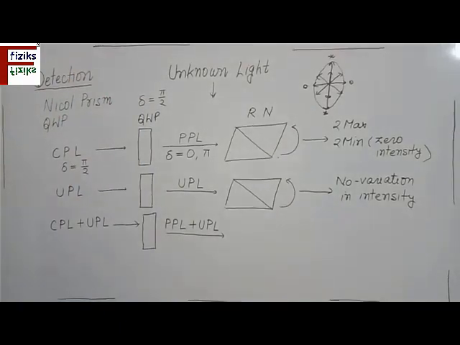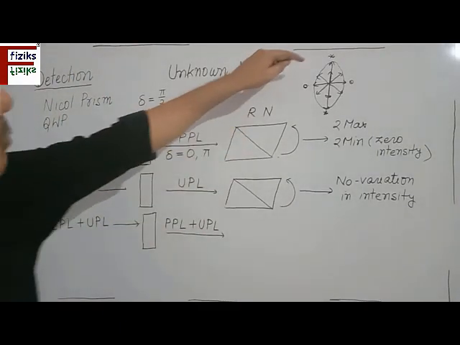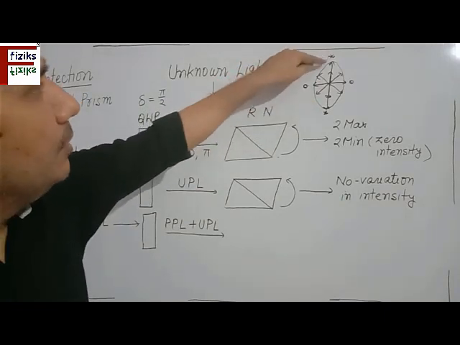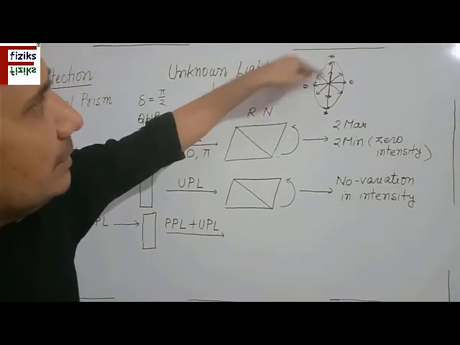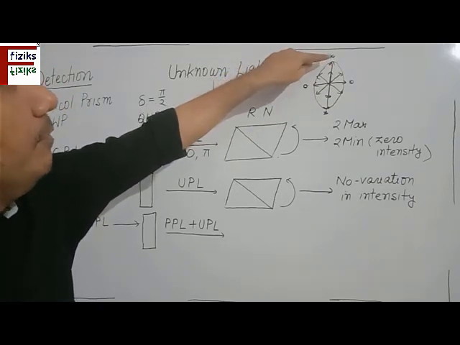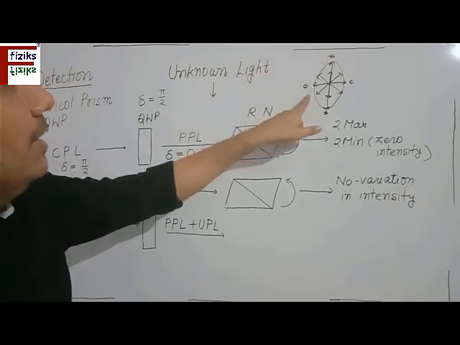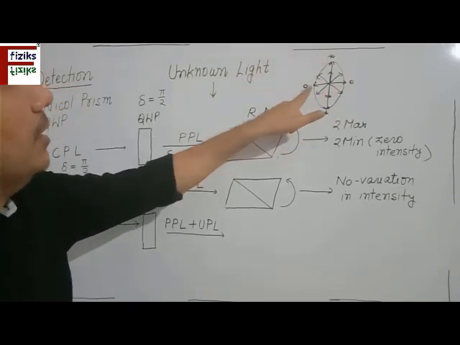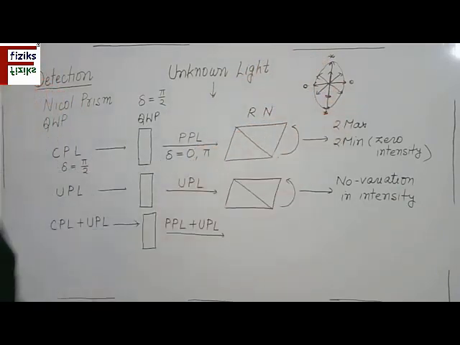And when we pass this mixture through the rotating Nicol, then corresponding to these positions, when this axis becomes parallel to the principal section of the rotating Nicol, we will get two maxima. And when this smaller minor axis becomes parallel to the principal section, we will get two minima of intensity on the emergent side, on the other side of the rotating Nicol.